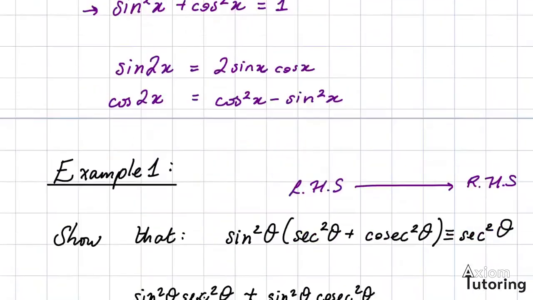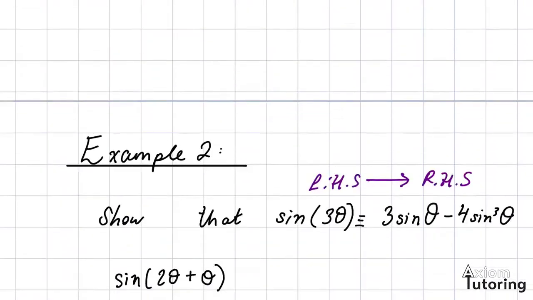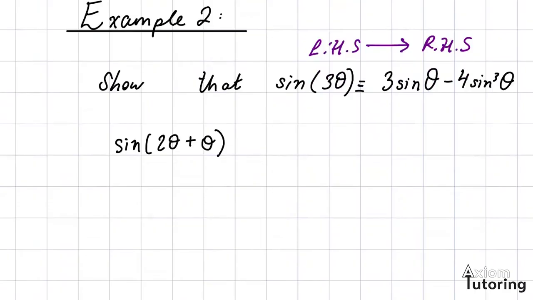Okay? So let's do that here. So now we're applying our compound angle formula for sine. So we're going to write sine of 2 theta cos theta plus cos of 2 theta sine of theta. But here we can see that we actually get our double angle expressions, the sine of 2 theta and cos of 2 theta.